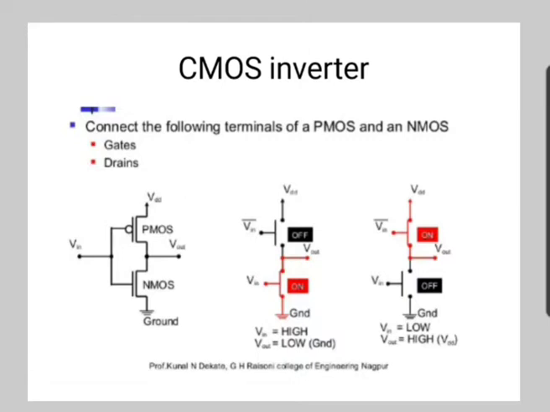For high input, the NMOS transistor is on and it pulls down the output to ground, and the PMOS acts as a load. For low input voltage, the NMOS transistor is cut off and the PMOS transistor is on and it pulls up the output, and the NMOS acts as a load.